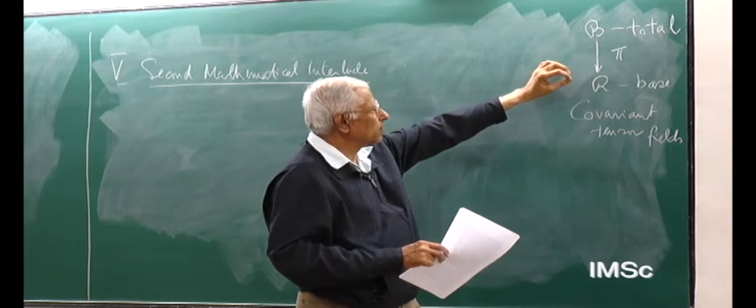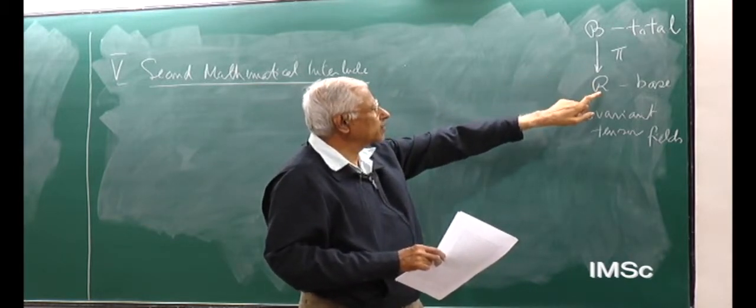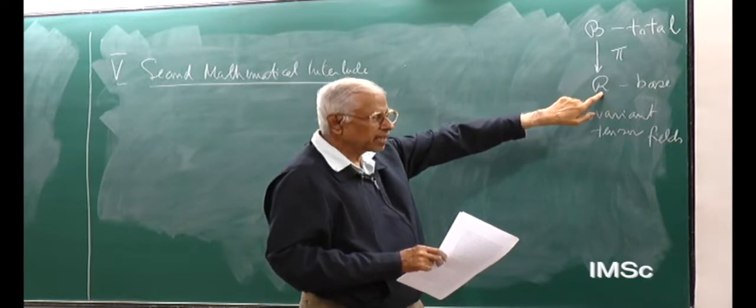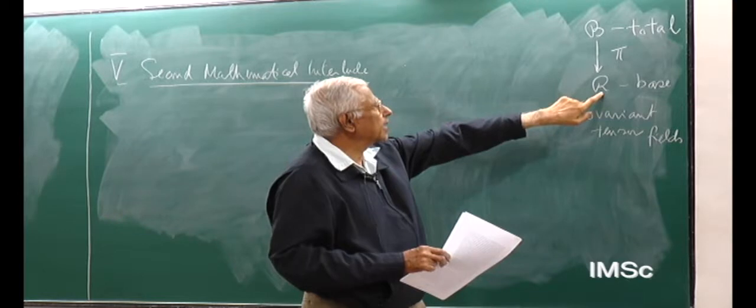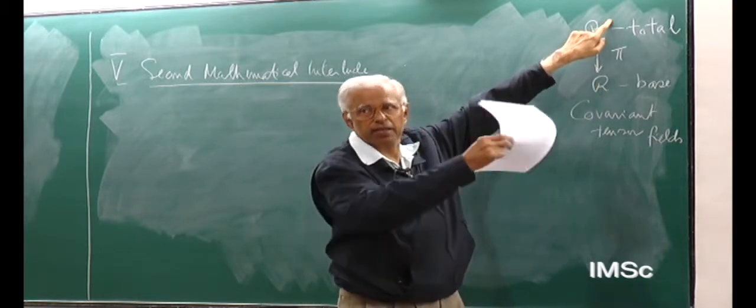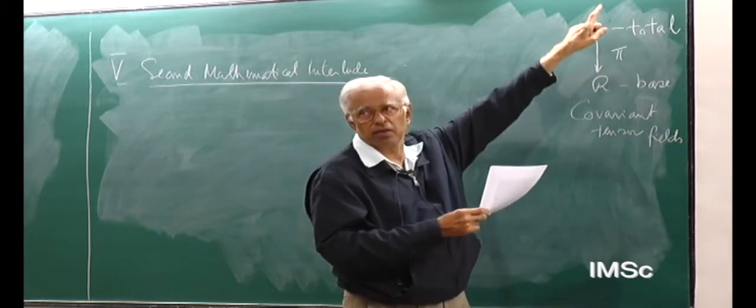In more explicit detail, if I give you a covariant vector field in the base, in a unique, well-defined way, I can create a covariant vector field on B from that. And that is called the pullback of this fellow.